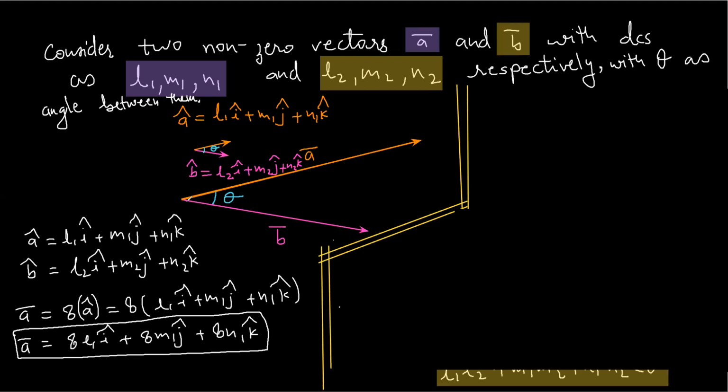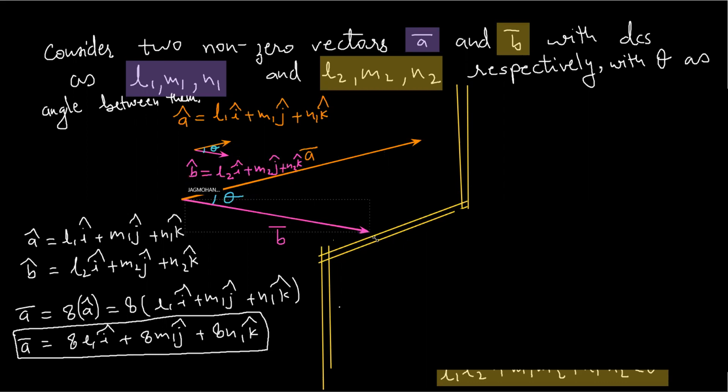Likewise, if I ask you to get B bar from B cap, the idea would be that you will have to multiply a number to B cap. So this is right now B cap; multiply 2, 3, 4, 5, 6, and say 6B cap is your B bar.